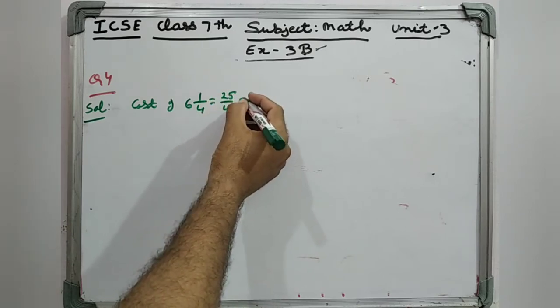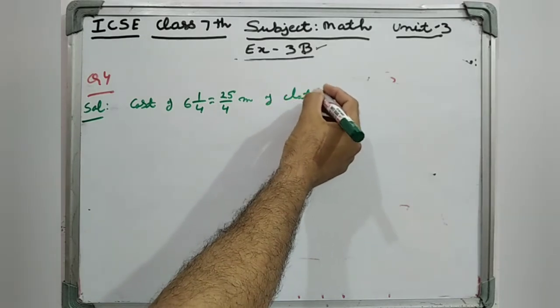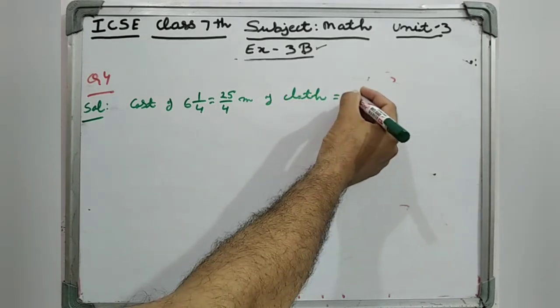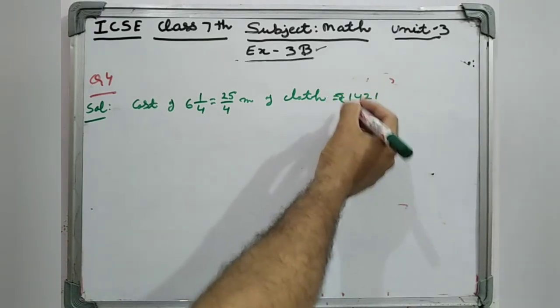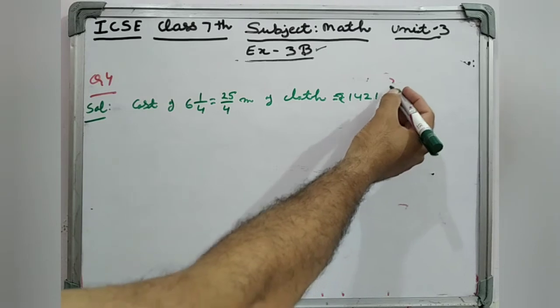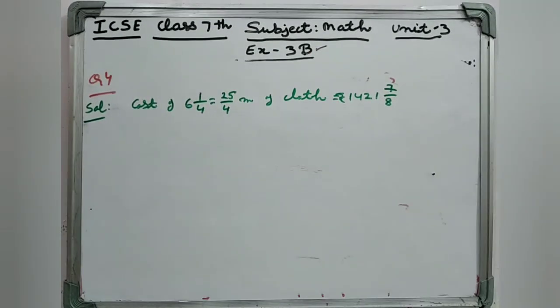25 by 4 meter of cloth is equal to 1421 rupees, 1421 7 by 8.